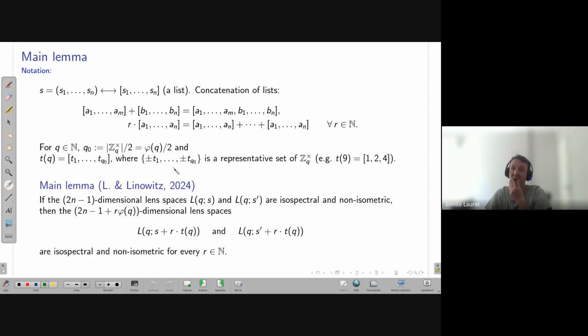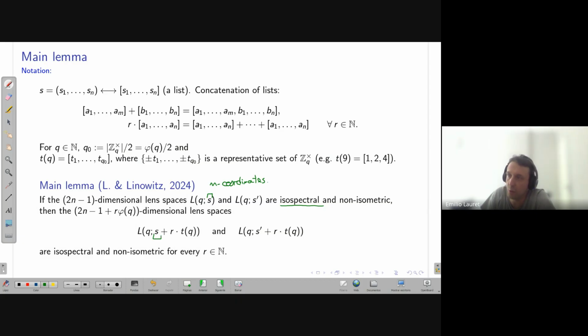So the lemma that we discovered with Benjamin is the following. If you have isospectral length spaces of some fixed dimension, this dimension means that this has n coordinates, okay? If you have any pair of length spaces, let's assume non-isometric also, then these two new length spaces are again isospectral and non-isometric. And what is that?